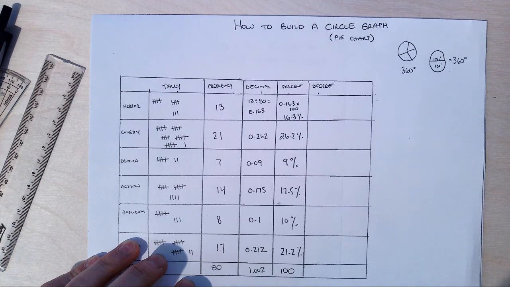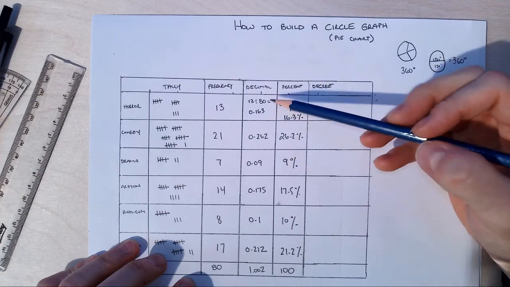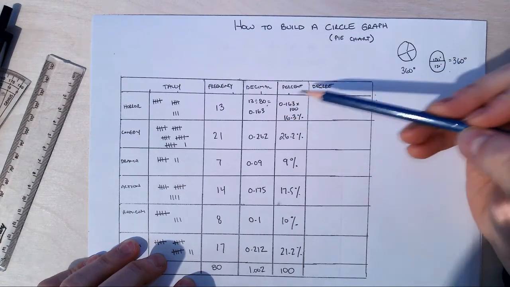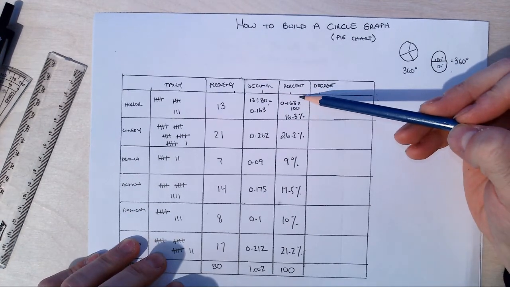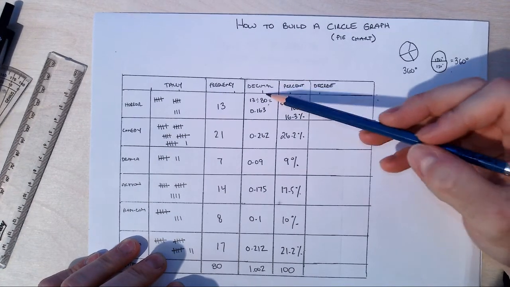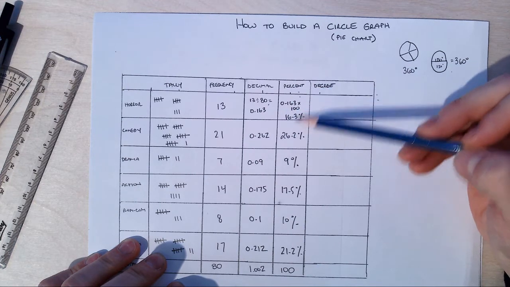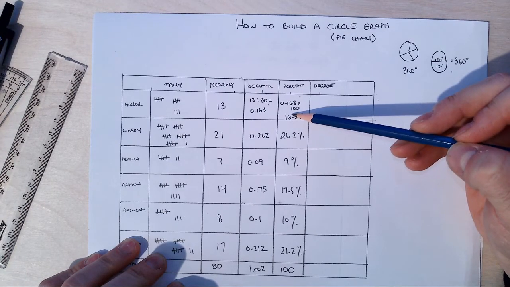Okay? We also know how to calculate a decimal and how to calculate a percentage of our frequency. And we were told that decimals and percentages show us how many parts out of the whole that we have.